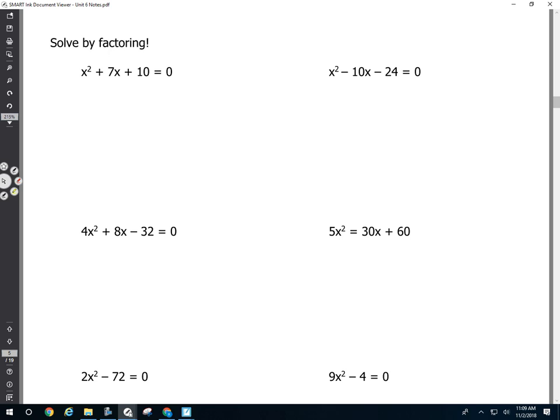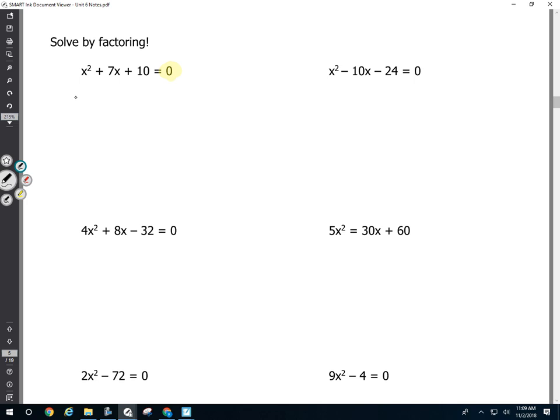Having it equal to 0 is the key. The equal 0 is the most important part because we need to use the fact that this equals 0, and we're going to turn sums into products, and then we can just find when pieces of the product equal 0.